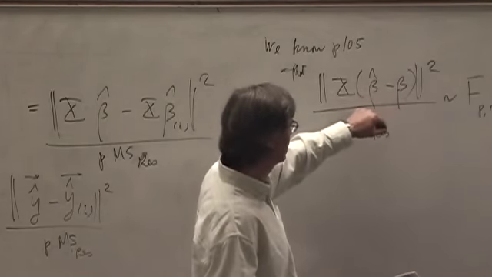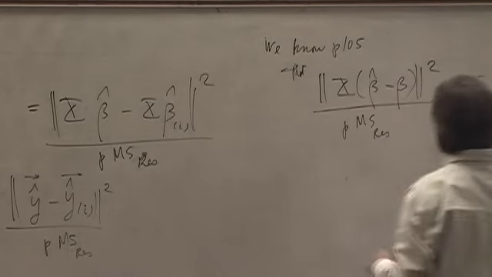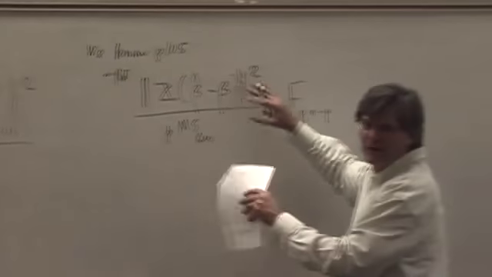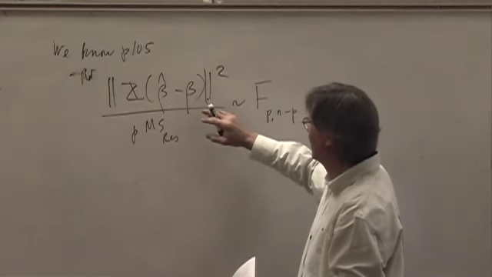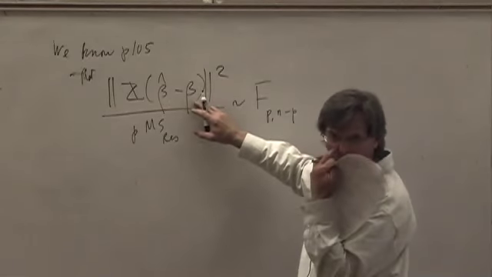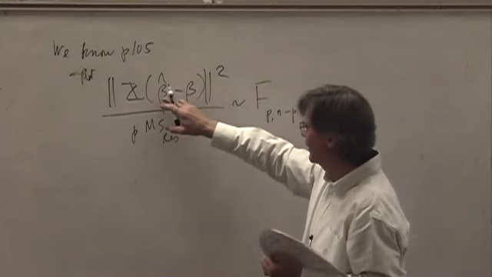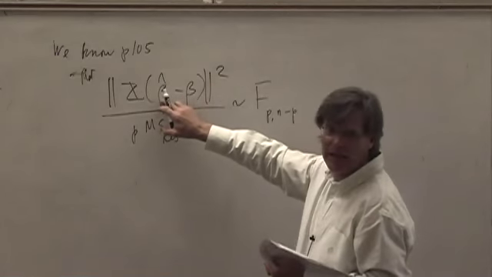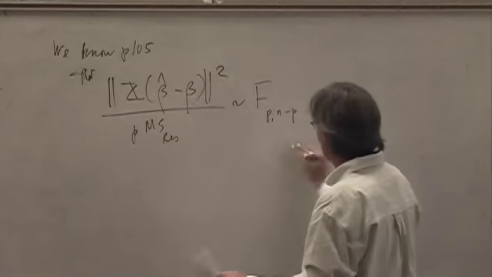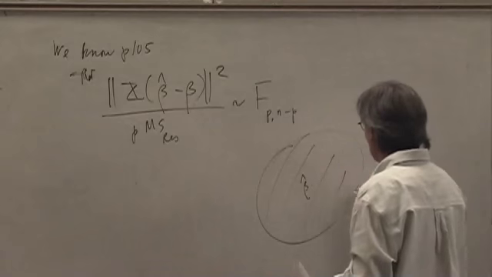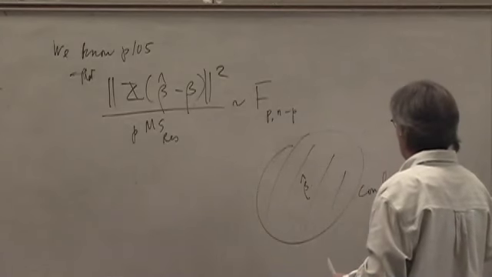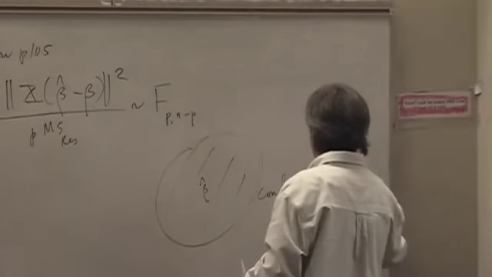If you recall how that goes, I say this is less than or equal to F.05. That gives a region of beta space which is an ellipsoid with center at beta hat. So you've got beta hat in the center, and you've got this confidence region for beta.